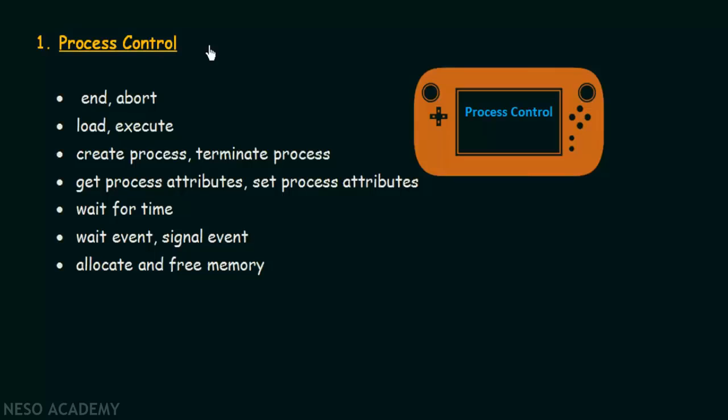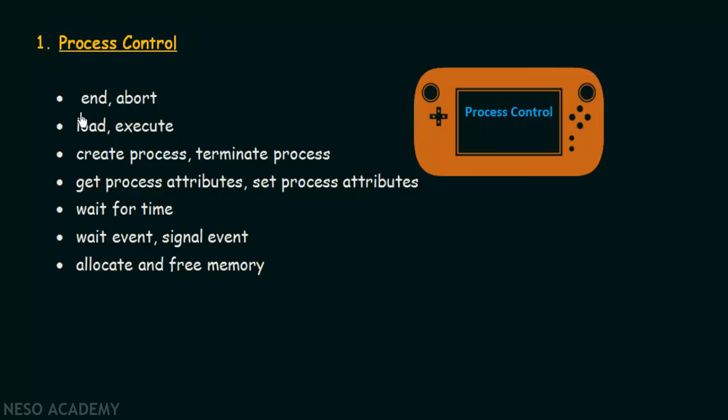Normally means the process comes to a halt when it completes its execution. Otherwise, errors might occur in the process, and if an error occurs during execution, the process has to be halted or aborted. That is what we mean by halting abnormally. The system calls used for controlling processes fall under this category of process control system calls.